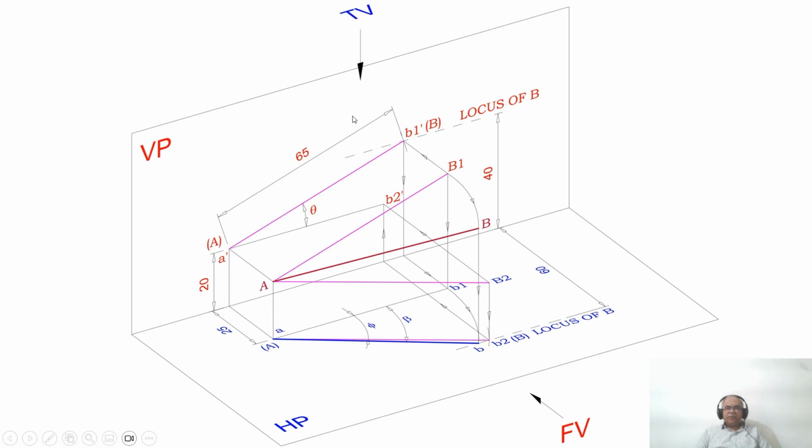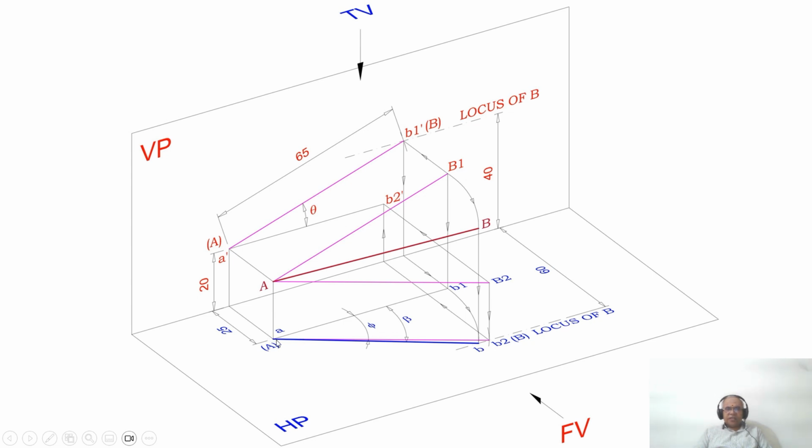Obviously, when you look from the top view, that B1, which is in front of VP by 25 mm, is rotated till it cuts the locus of B in the top view. So now you got this point small b.